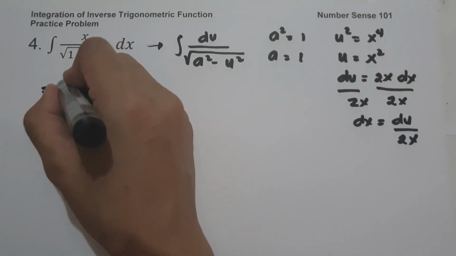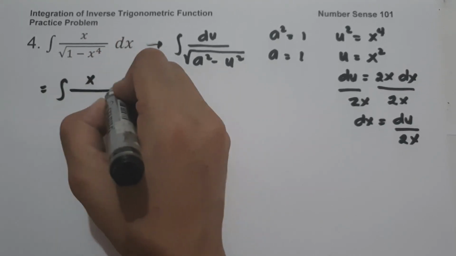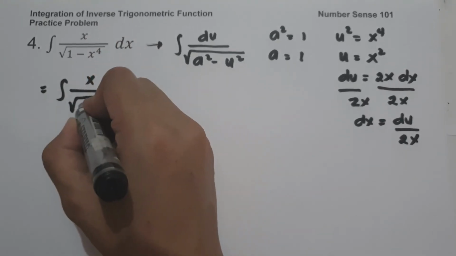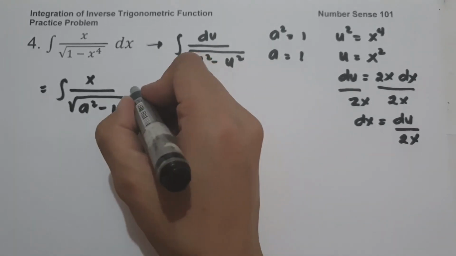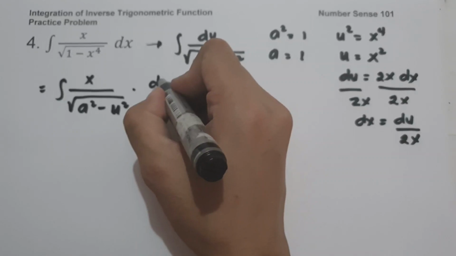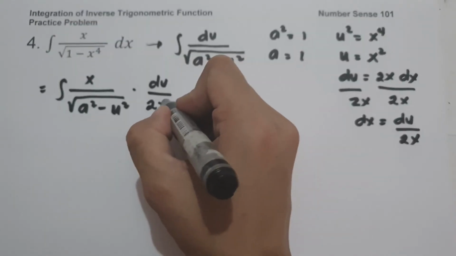So let us have the antiderivative of x over square root of a squared minus u squared, and dx, that is du over 2x.